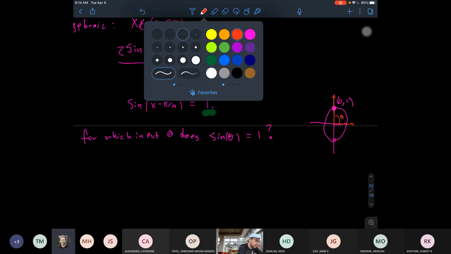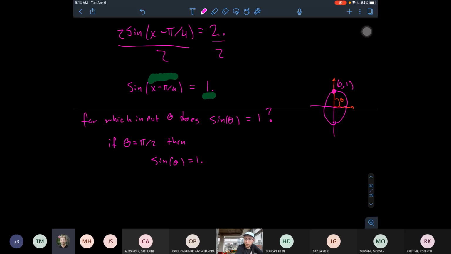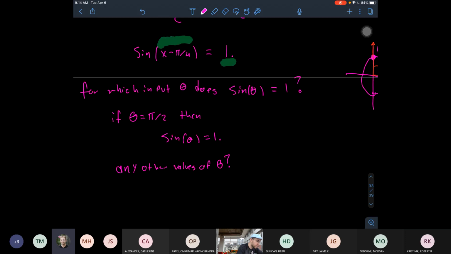Okay, so we know that if theta is equal to pi over 2, then sine of theta is equal to 1. Any other values of theta that cause sine of theta to be equal to 1, or just pi over 2?